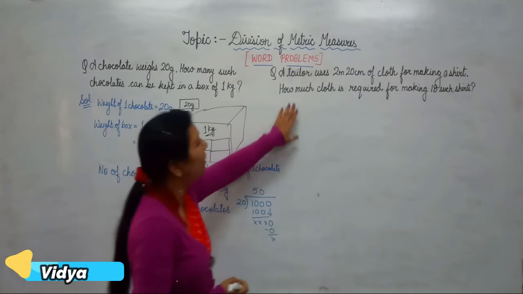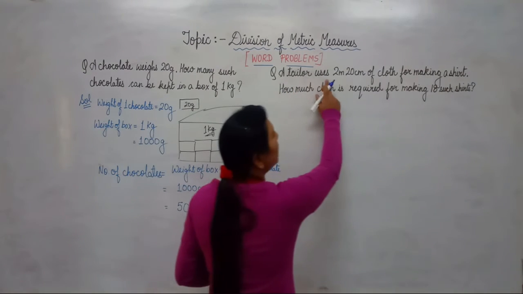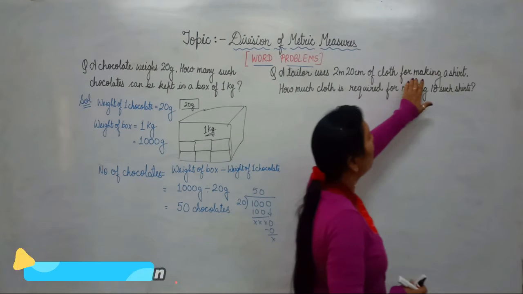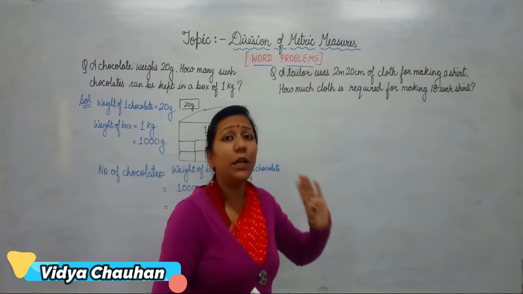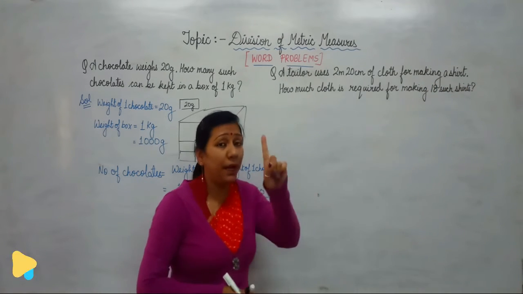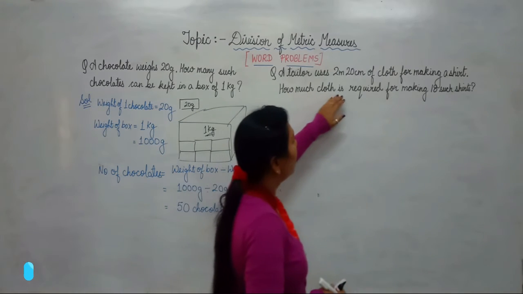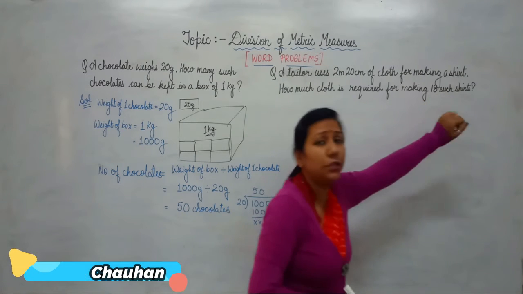Coming to the second part, the question says a tailor uses 2 meter 20 centimeter of cloth for making a shirt. So the tailor needs 2 meter and 20 centimeter of cloth to make one shirt. How much cloth is required for making 18 such shirts?